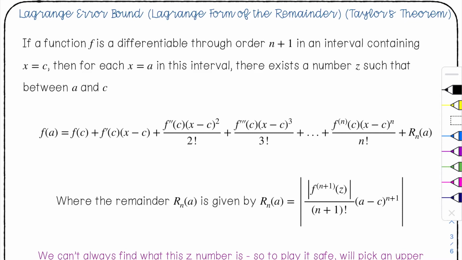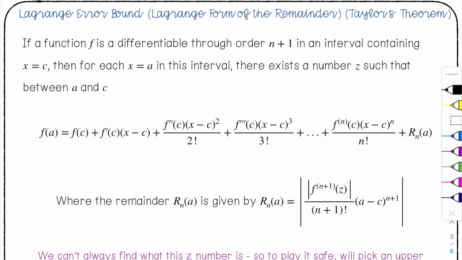So this is going to look super complex. We're going to read through the actual math of it, and then we're going to explain what all of this means. So the function f is differentiable through order n plus 1, which means that you can take n plus 1 derivatives of it. So it might not have an infinite number of derivatives, but you can take a derivative so far to create your Taylor polynomial. And it has those derivatives in an interval containing x equaling c.